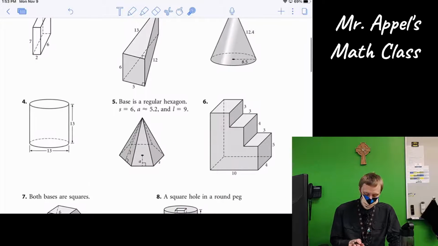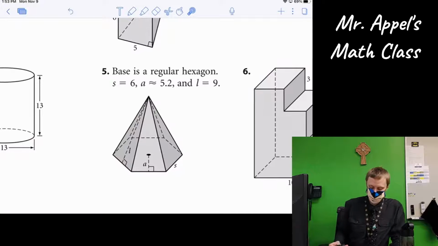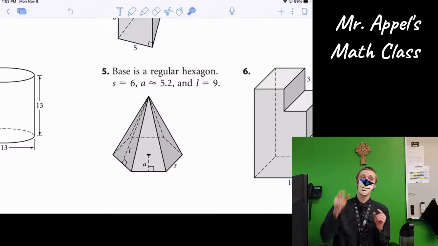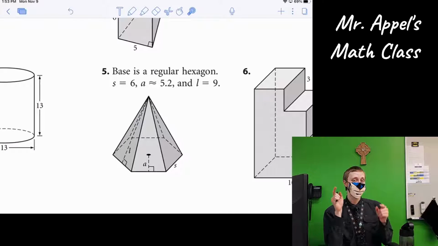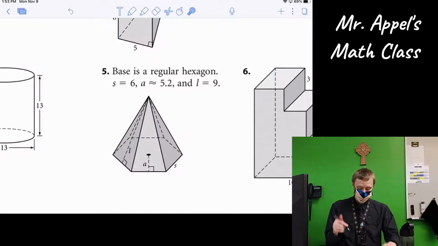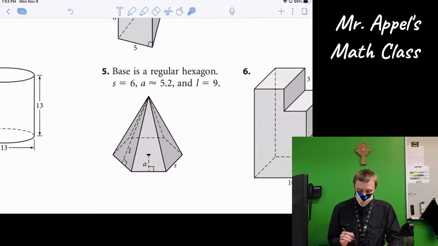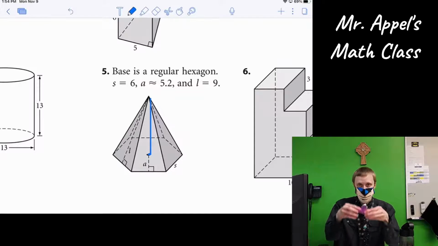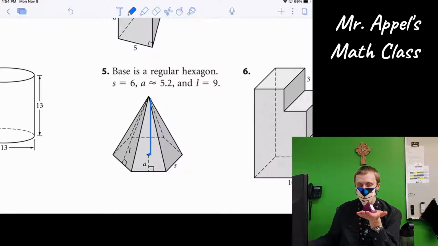I want to draw your attention, though, to number 5. This is a good example of watching out for what is given and what numbers you actually need, okay? Because it'd be very easy for them to have given you the height of the pyramid from that center and the base on the inside up to the tippy top. They could give you that height. Take a look at this, my 3D model here.